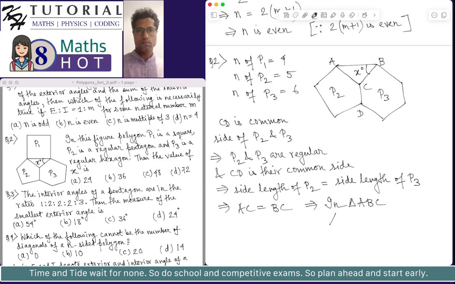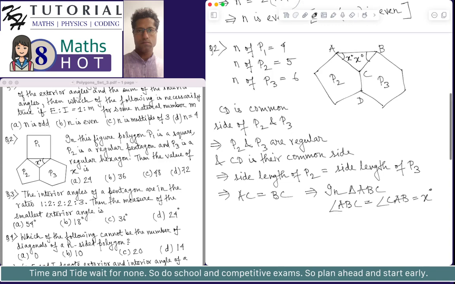That is, angle ABC will be equal to angle CAB. So this will also be x degree, equal to x degree. Okay.